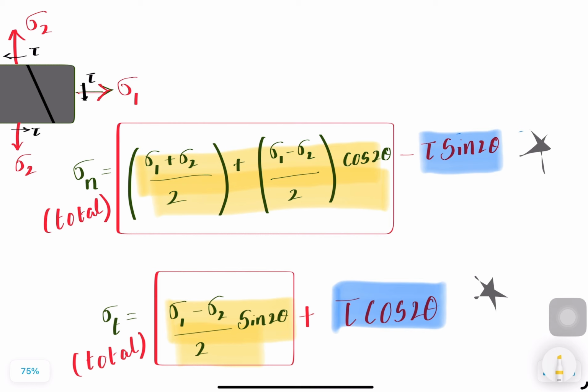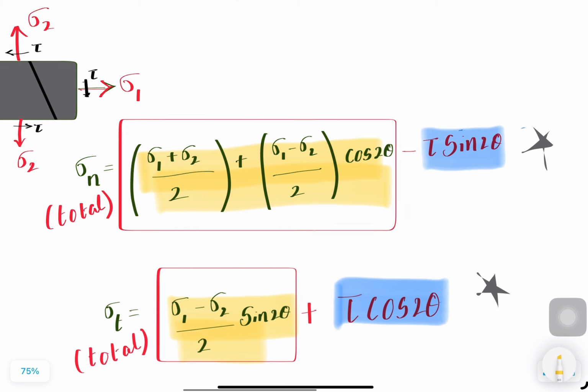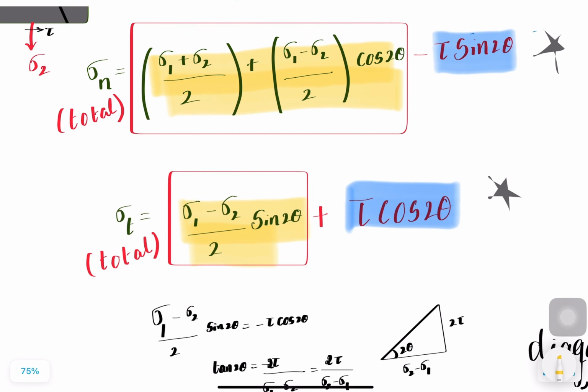The blue highlighted region explains the contribution of the shear component, shear stress tau, that is acting on the rectangular member. Okay, so obviously if tau is equal to 0, then you will be left with only the contribution by the normal components. In exactly the same manner, you could also see the contribution by the normal stress and by the shear stress on this rectangular member for the tangential stress also.